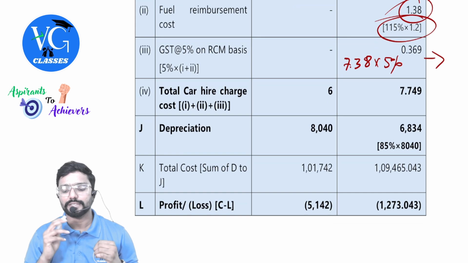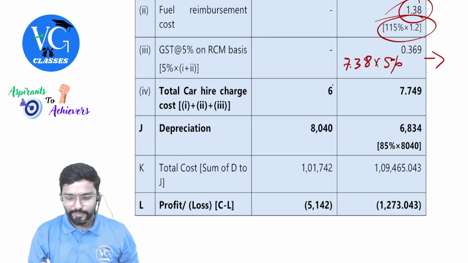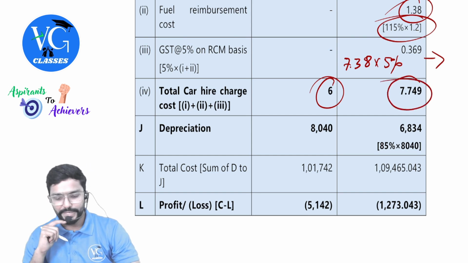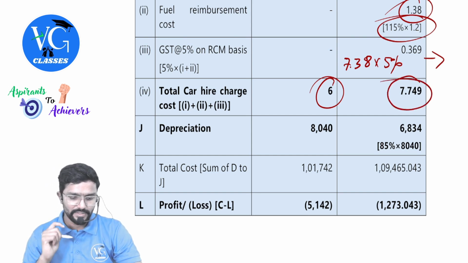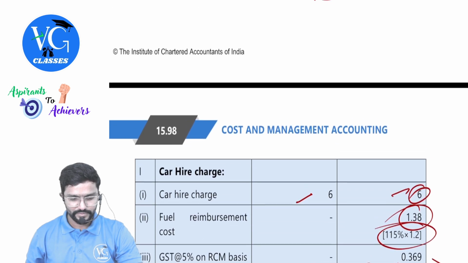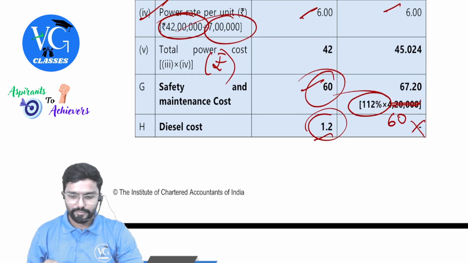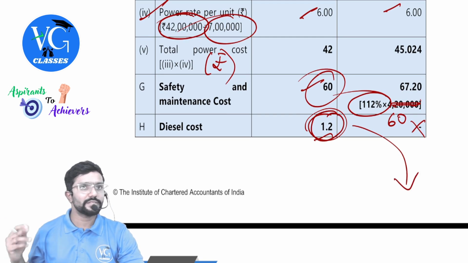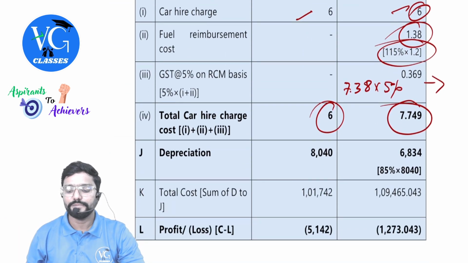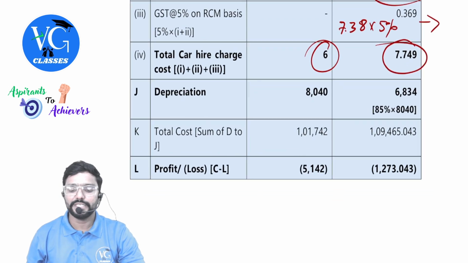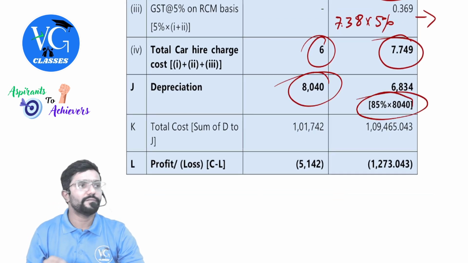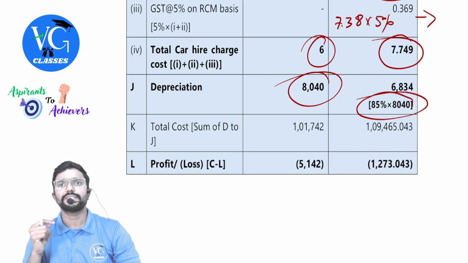Total car hire charges. Previously it was only 6, but now 7.749. Okay, sir. Depreciation. Please be careful, guys. This has come to the other side. Because of that, also cost has gone. Depreciation was 8,040 here, whereas here 15% less.